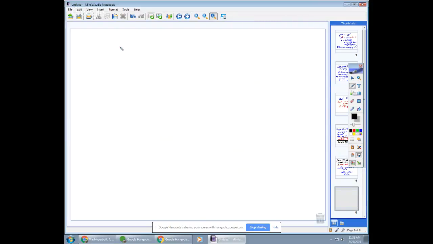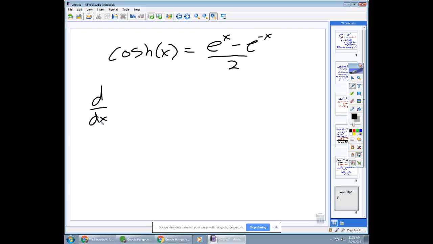Again, the cosh of x is e to the x plus e to the negative x over 2. Take the derivative of that. The over 2 is just a constant multiple.